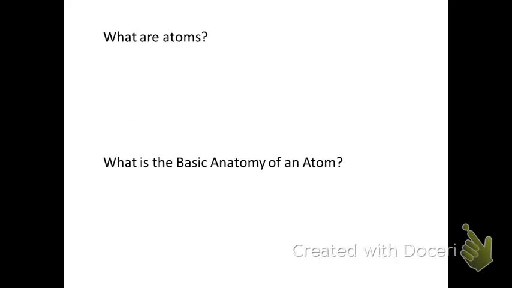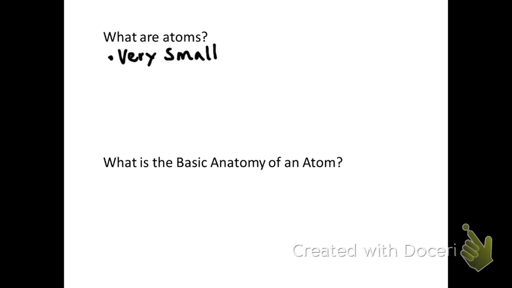Okay, so first of all, let's take a moment and define what atoms are. What exactly are these things that we call atoms? Atoms are, first of all, very tiny. So they're very small.